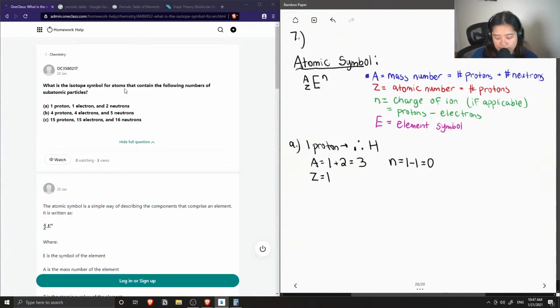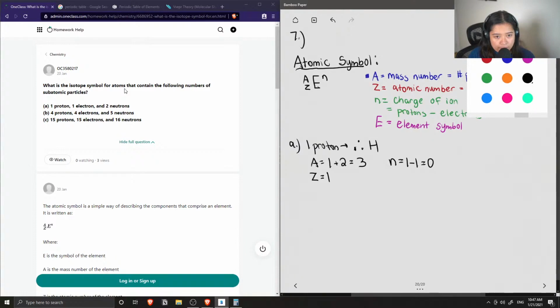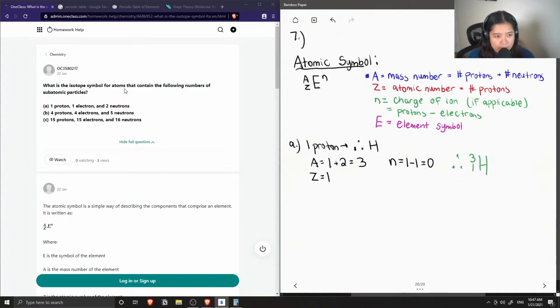So we know we have a neutral atom. So therefore, for A, we can write the isotope symbol as 3, 1, and then H. And we don't need to write the N because it is just neutral.